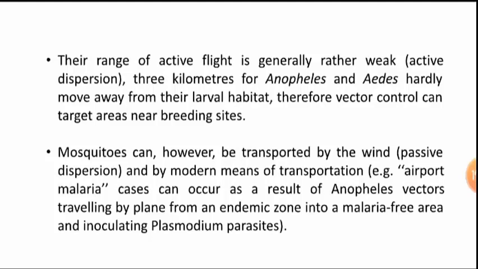Their range of active flight is generally rather weak, 3 kilometers for Anopheles, and Aedes hardly move away from their larval habitat, so vector control can target areas near breeding sites. The mosquitoes can, however, be transported by the wind and by modern means of transportation.